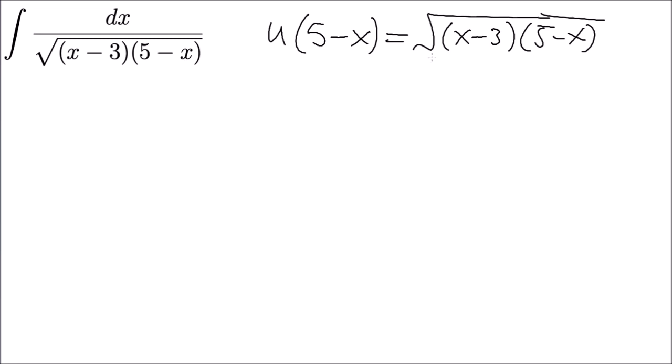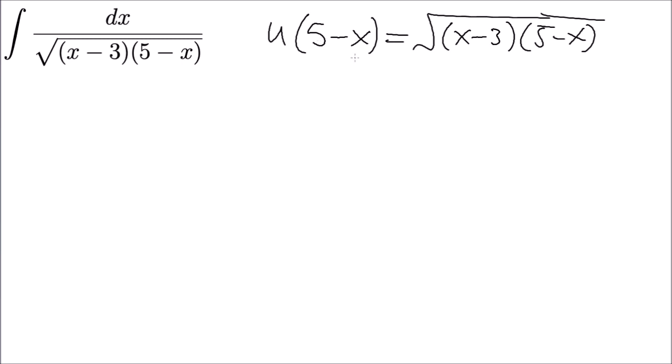Right. So technically what I'm doing is I'm letting u equal x minus 3 over 5 minus x. That's literally what I'm doing. But yeah, so taking one of the roots, you can do this or let u equal x minus 3. Both would work. That's how second kind Euler sub does.